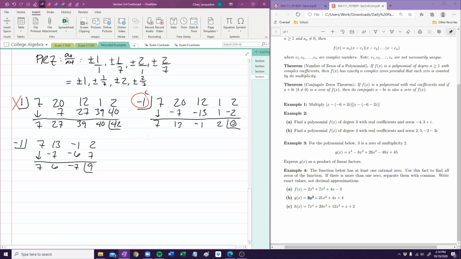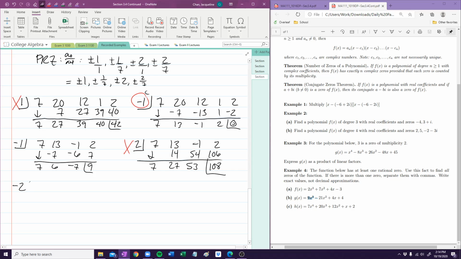So we could try fractions, but I'm going to do 2. Okay. So I have 7, 13, negative 1, 2. So this is 7, 14, 27, 54, 53, 106, 108. Okay, so 2 is not a 0.